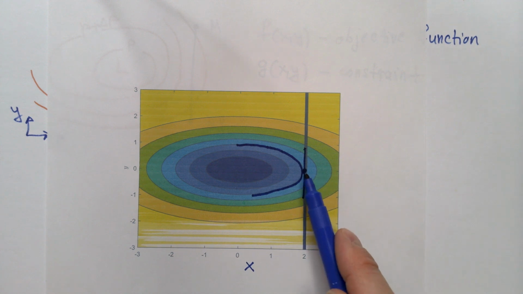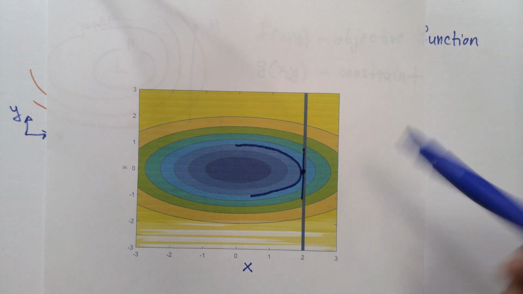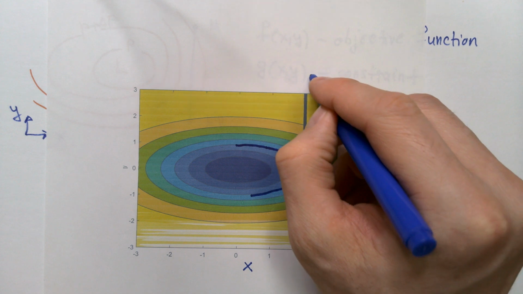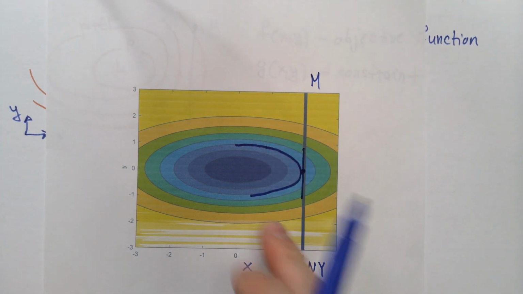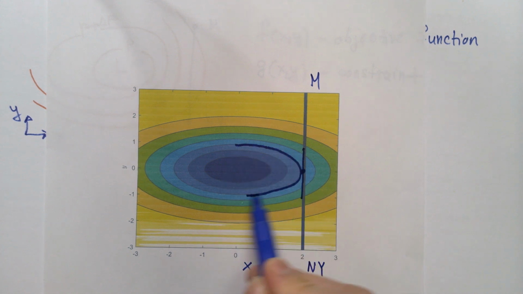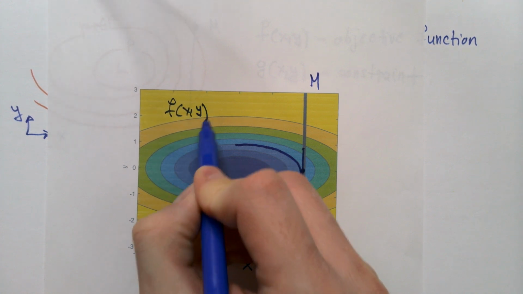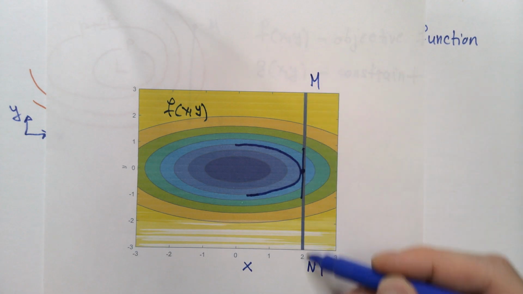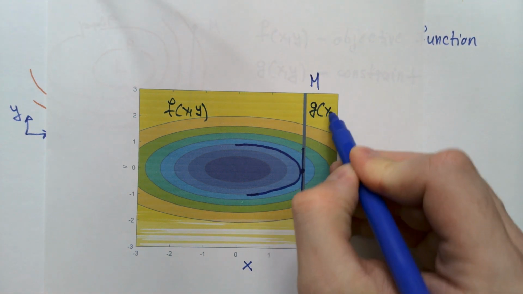And this is clearly the minimum that we want to find. This is the minimum of the pressure, in this case, on this road between Montreal and New York. Now let's focus on the shape of this ISO line of our function f of x and y, and how it touches this constraint g of x and y.